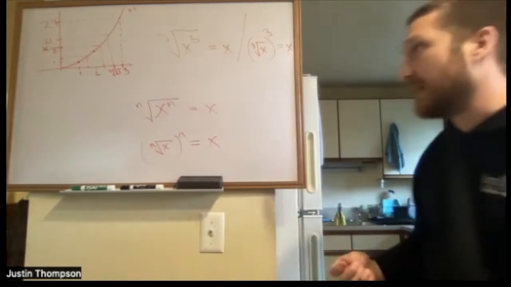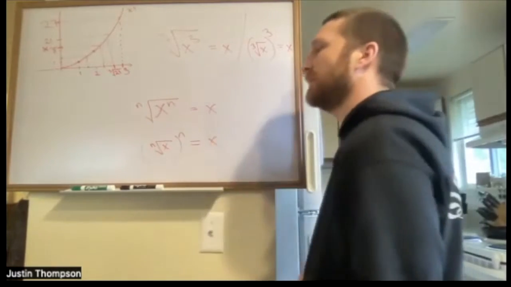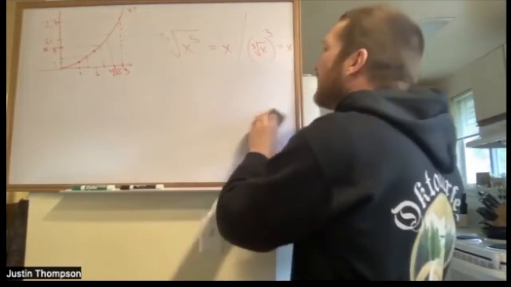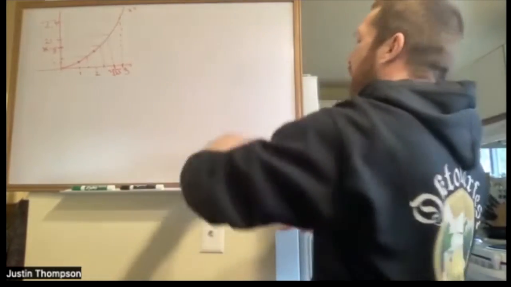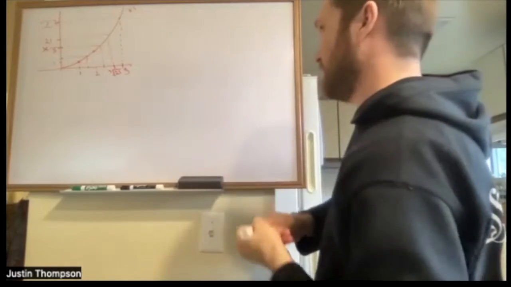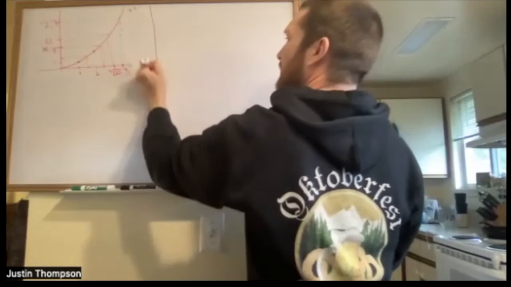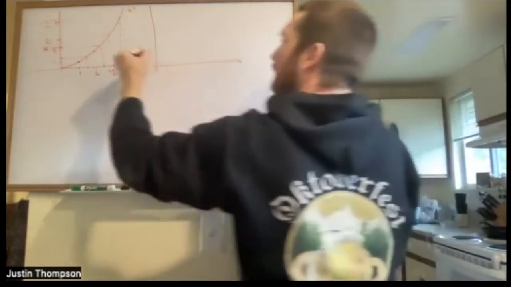And that's the idea. That's so much of what we're trying to do, is get x or get something by itself. So we're going to get an analog for this type of thing with exponential functions. I want that up there so that we can see how these things work.